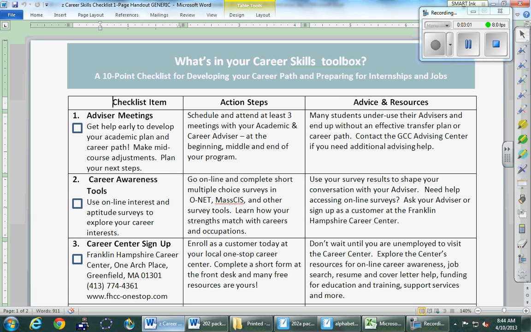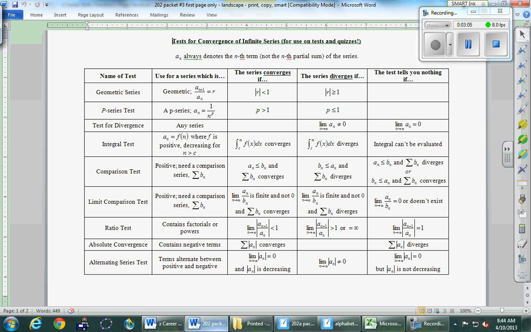All right, so the packet is separate from this 1-page handout. Everybody should have like 3 different things that they gathered today: the checklist that we just mentioned, this 1-page handout with a chart on the front and a procedure on the back, and then the thick packet. Everybody has 3 things?